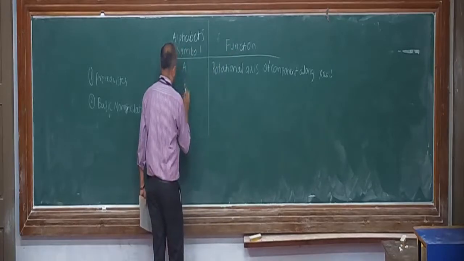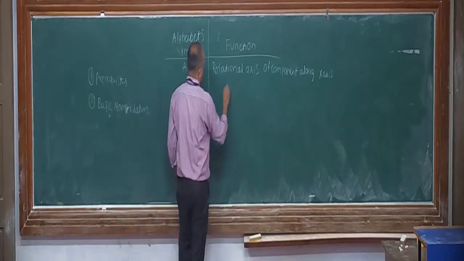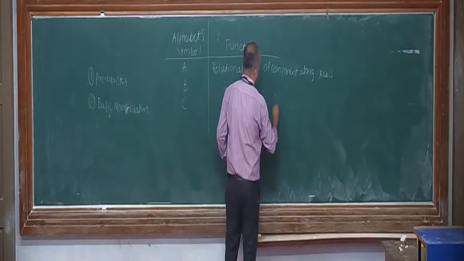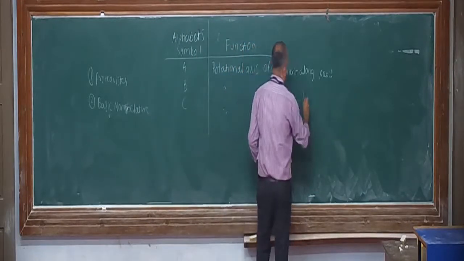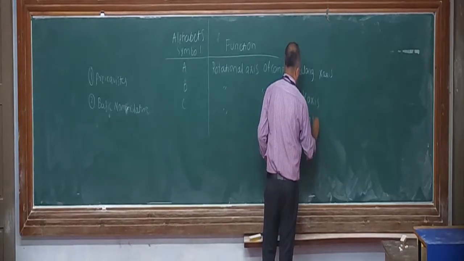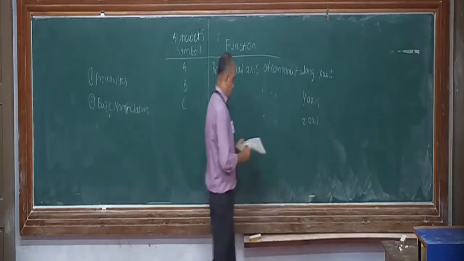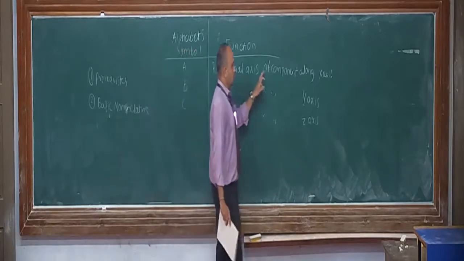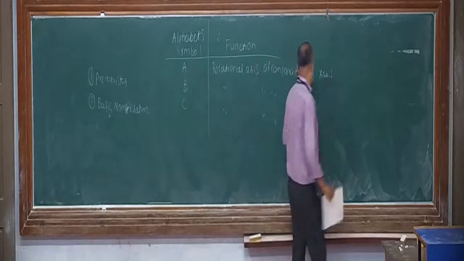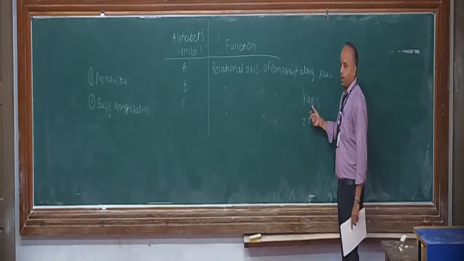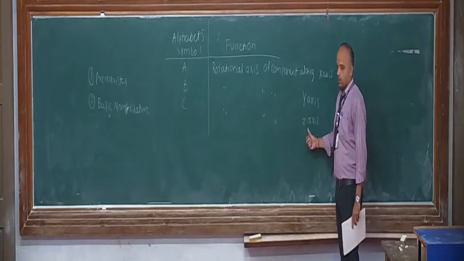Second one is B, third one is C, again rotational axes of the component along the y-axis and along the z-axis. So these are three: A, B, and C. A is the rotational axis of the component along the x-axis, B is the rotational axis along the y-axis, and C is along the z-axis.